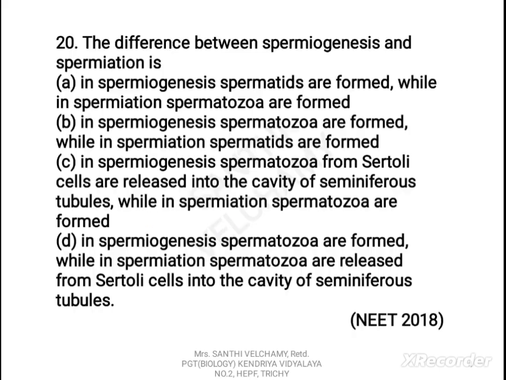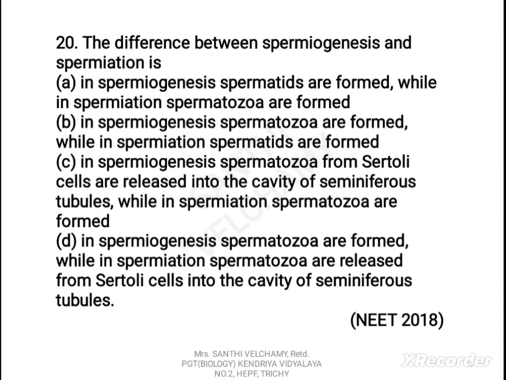Next question. The difference between spermiogenesis and spermiation is: A, in spermiogenesis, spermatids are formed, while in spermiation, spermatozoa are formed. B, in spermiogenesis, spermatozoa are formed, while in spermiation, spermatids are formed.